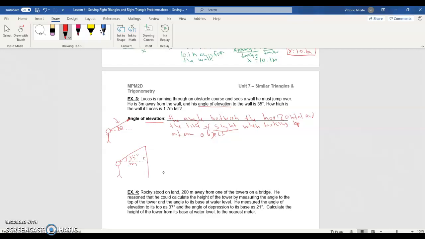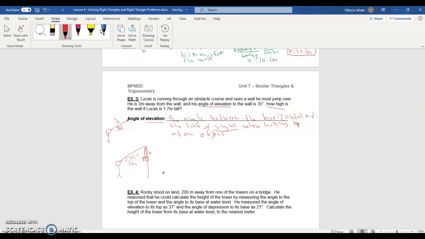And then we can say that the line of sight and the horizontal make a right angle triangle with the wall. And what we're basically trying to figure out is how high is the wall if Lucas is 1.7 meters tall. So what you need to remember is that we're looking for this distance here.